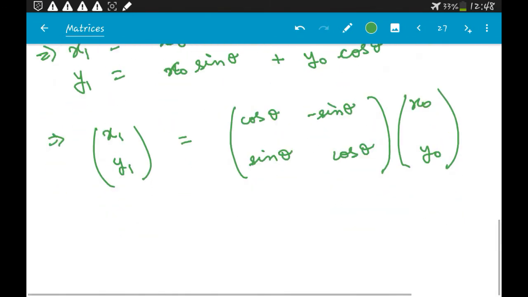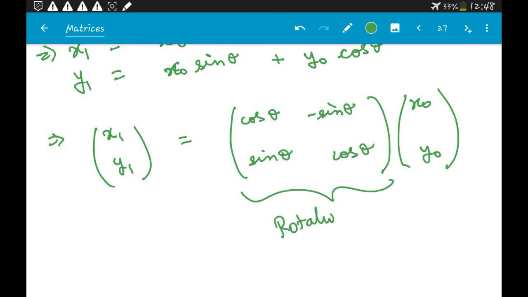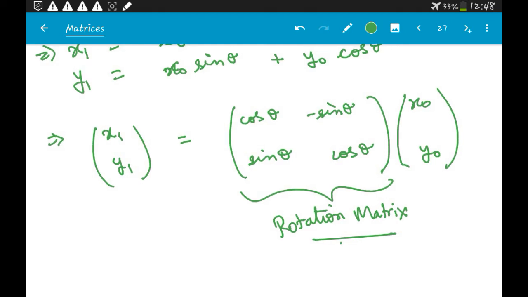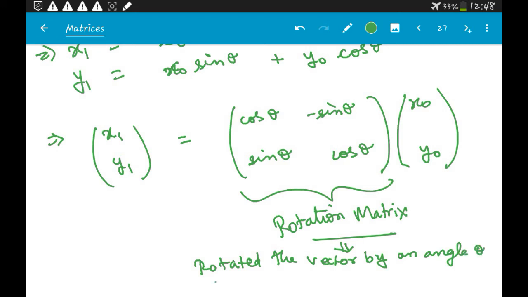This matrix is known as your rotation matrix. This is one kind of rotation matrix. How was it obtained? It was obtained when we rotated the vector by an angle theta in the counterclockwise direction.